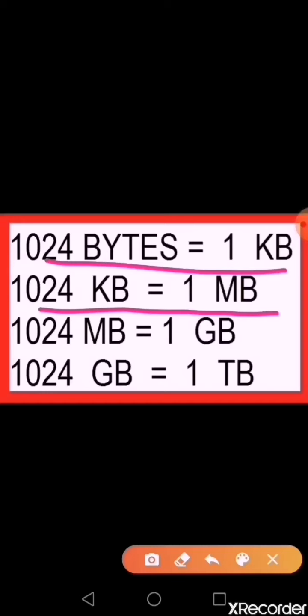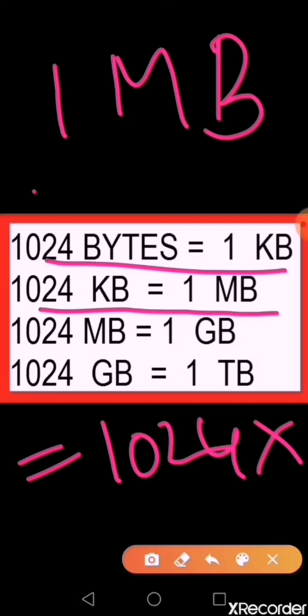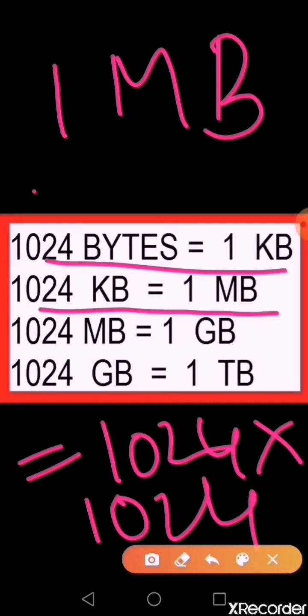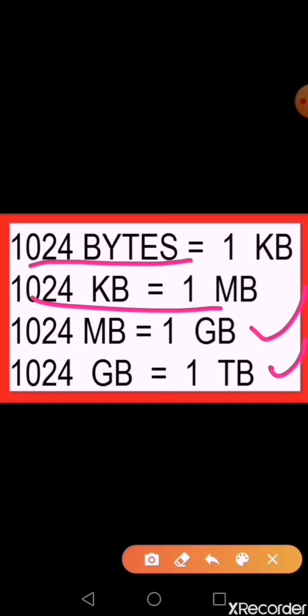That means 1 MB equal to 1024 into 1024 bytes. Similarly, 1 TB equal to 1024 GB, 1 GB is equal to 1024 MB, 1 MB is equal to 1024 KB, and 1 KB is equal to 1024 bytes.